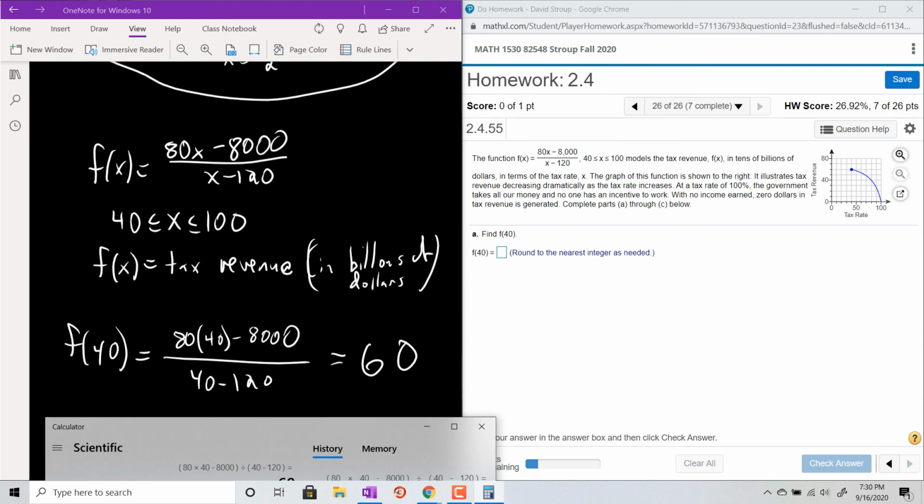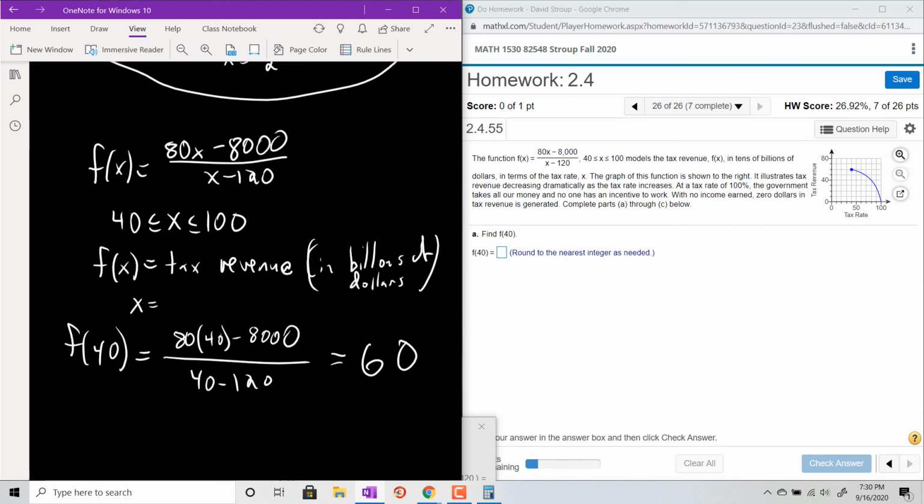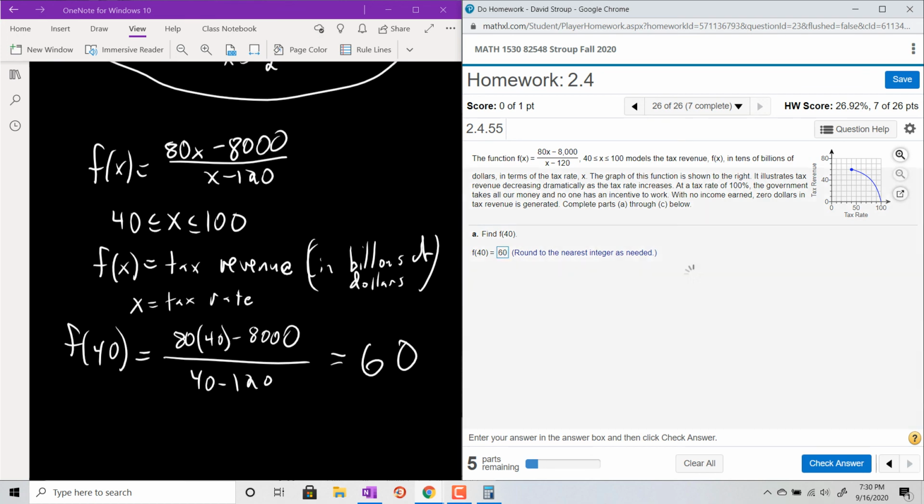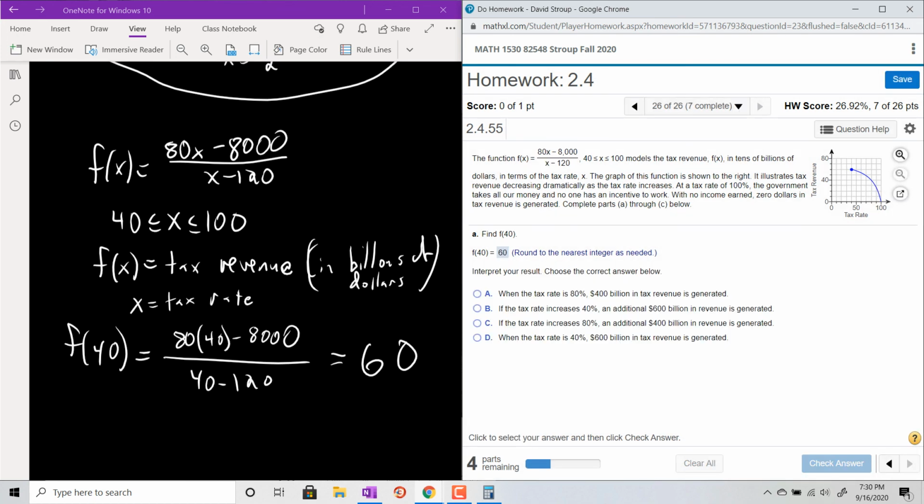And I forgot to write down what x was. X is the tax rate. You have a 40% tax rate. Okay, so 60. What's next? Interpret your result. So I already did. When the tax rate is 40%, the revenue is $60 billion.